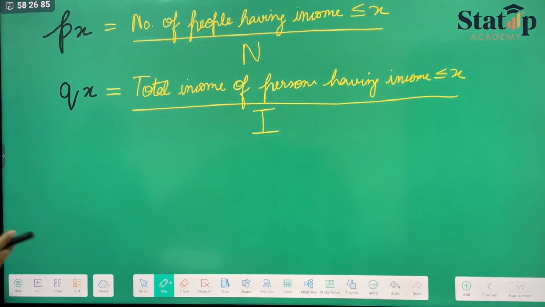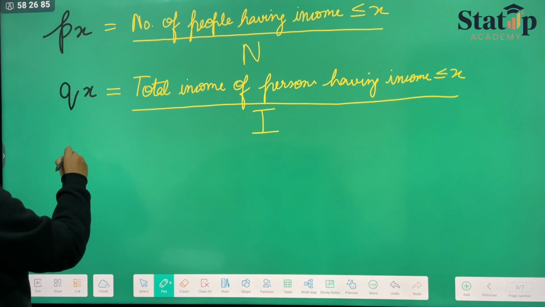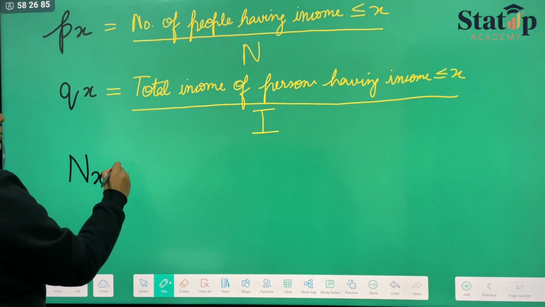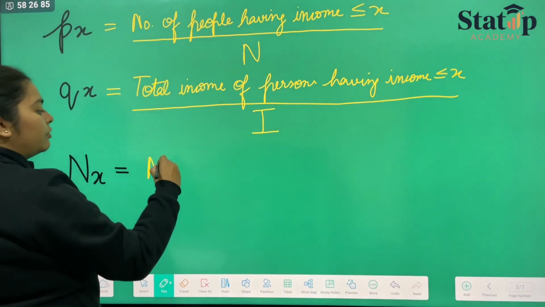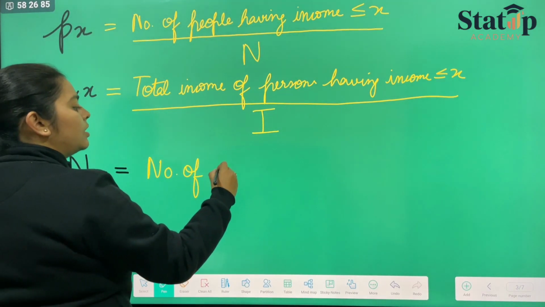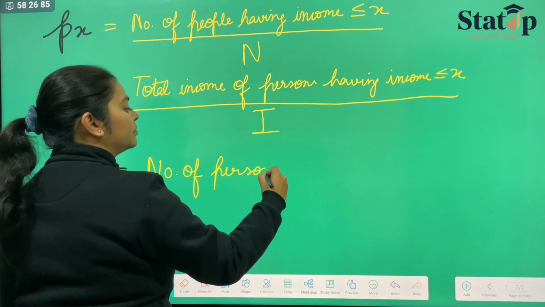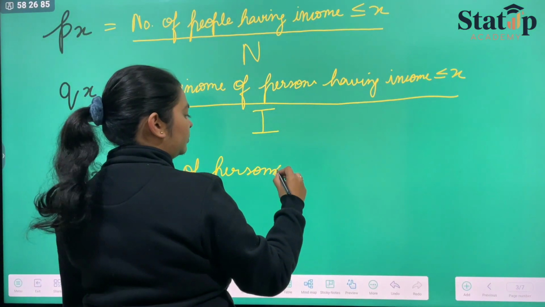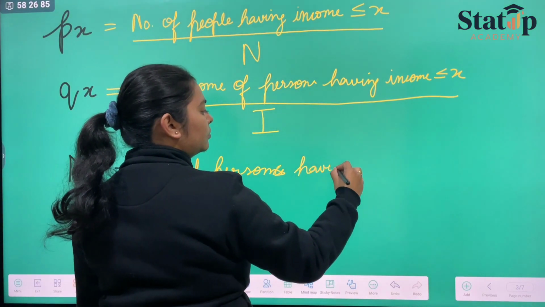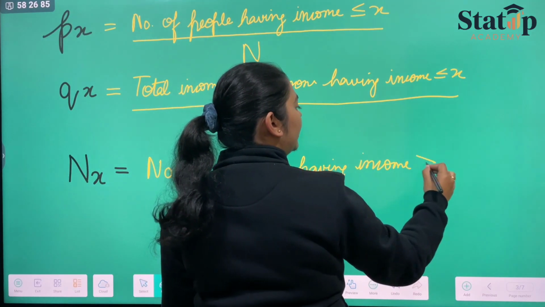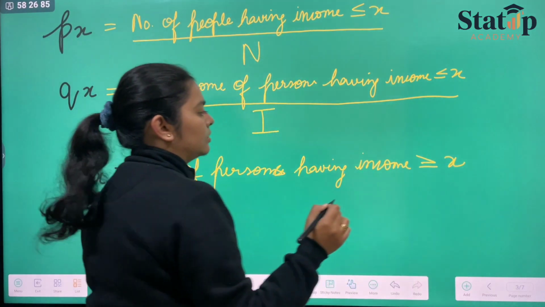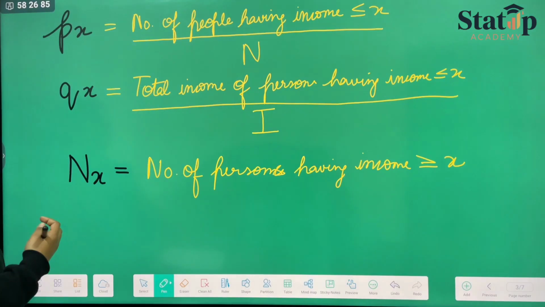Now let us denote one more term, which is capital Nx. Nx is the number of individuals or number of persons having income greater than or equal to x, more than x.